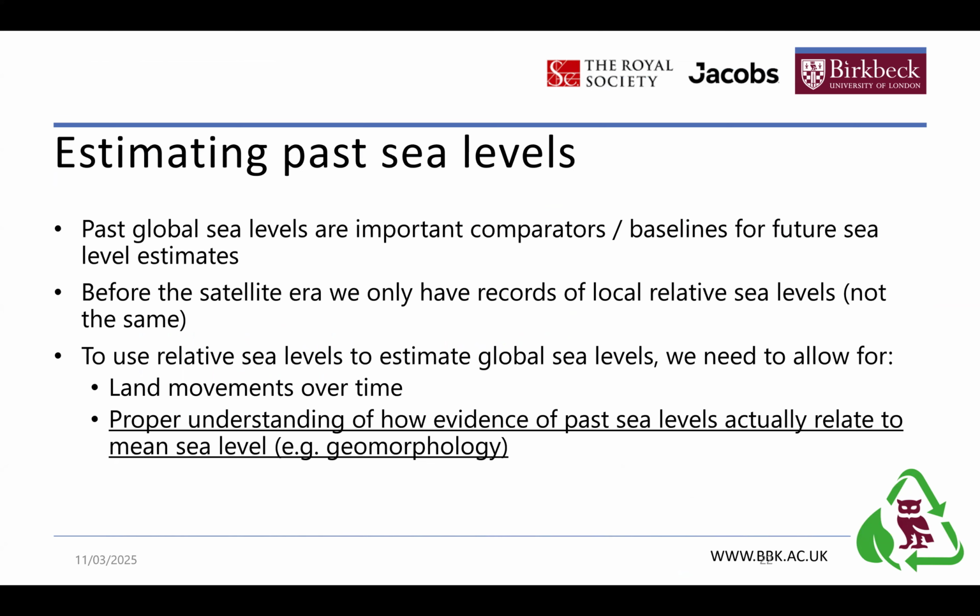And these days we can measure it using satellites, and that's great because we only have to correct for ocean currents and the curvature of the Earth. But before the satellite era, so before around 1979, all of the records are from tide gauges, and then before that from sediments. So that's obviously relative sea levels, they're local estimates, and they're not the same as global sea level because the land is able to move as well as the sea.